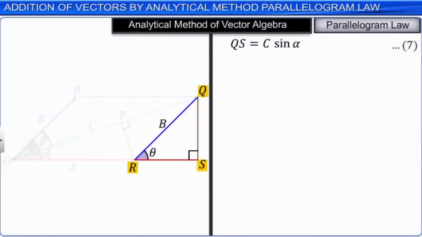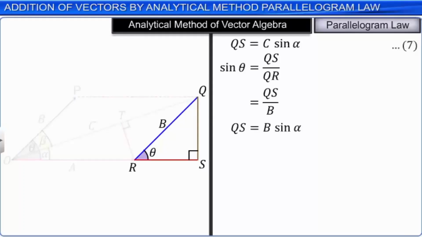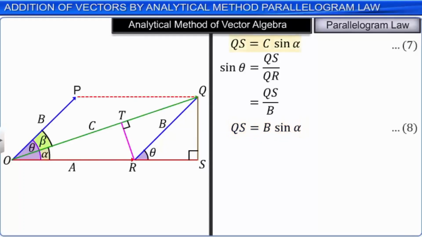From triangle RSQ, we can write sin theta is equal to QS by QR, which is equal to QS by B. QS is equal to B sin theta. Let this be equation 8. Equating 7 and 8, we get C sin alpha is equal to B sin theta. C by sin theta is equal to B by sin alpha. Let this be equation 9.